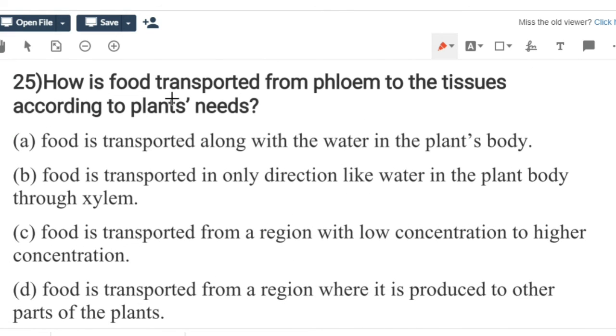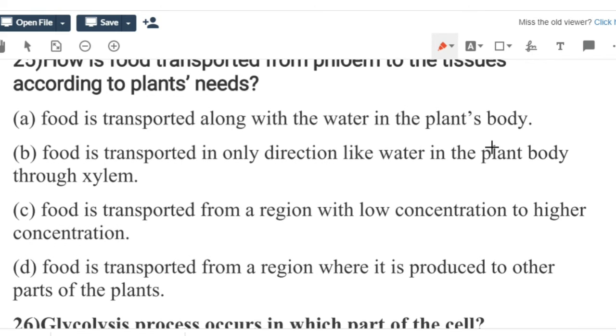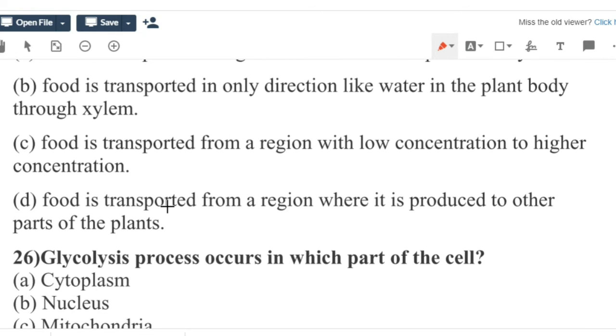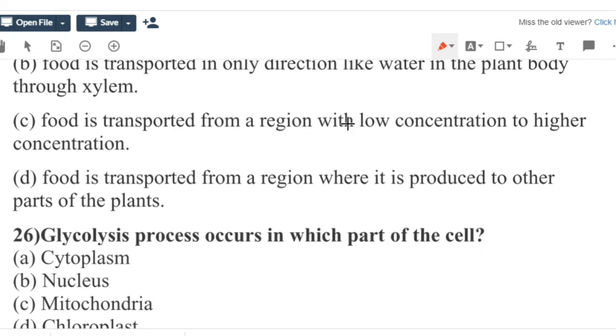How is food transported from phloem to the tissues according to the plant's need? Food is transported along with water in the plant's body. Food is transported in only one direction, like water in the plant body through xylem. Food is transported from a region with low concentration to higher concentration.